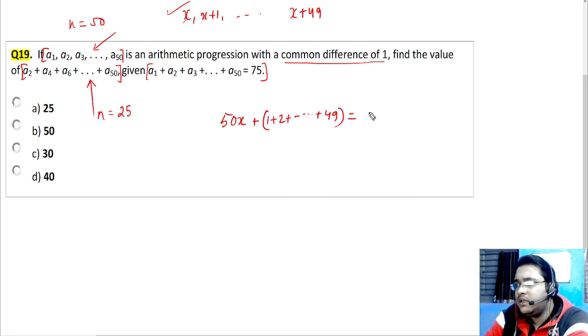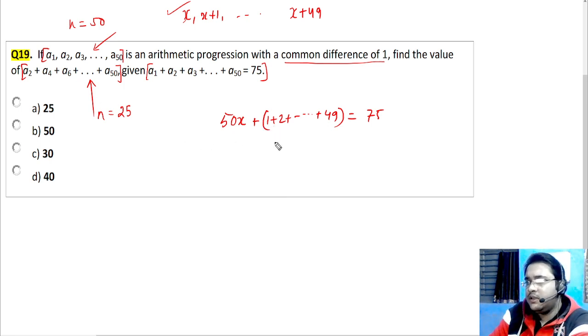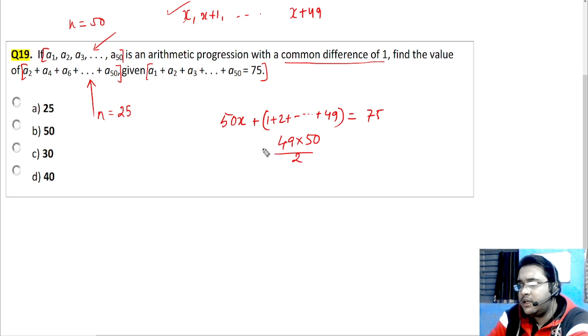This will be equal to 75. Of course you have to solve this equation. This is the sum of the first n natural numbers, which is 49 into 50 by 2, added to 50x, equal to 75.